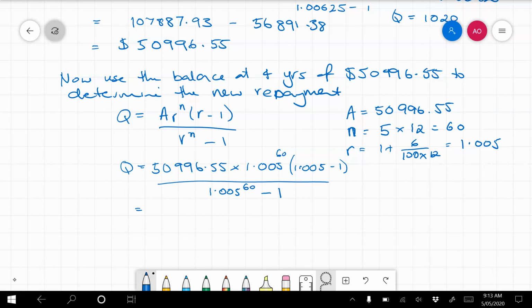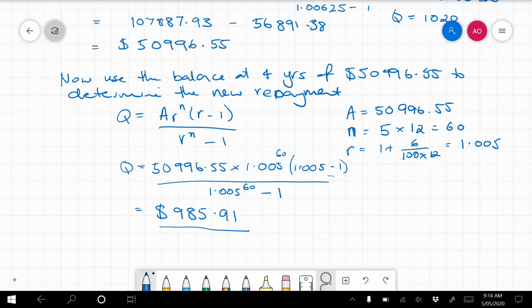If you put that into your calculator, because it's all multiply and divide except for the subtraction sections, make sure you put those in brackets. You'll be able to calculate that in one fell swoop, and it should come out to $985.91. So that's her new repayment value.